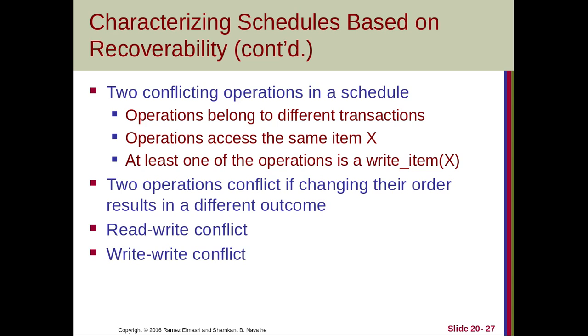That means three conditions have to be satisfied for two operations to be said to be conflicting in a schedule: they belong to different transactions, they access the same variable X, and at least one of them is a write item X. Two operations conflict if changing their order results in a different outcome. For example, read-write conflict and write-write conflict are there.